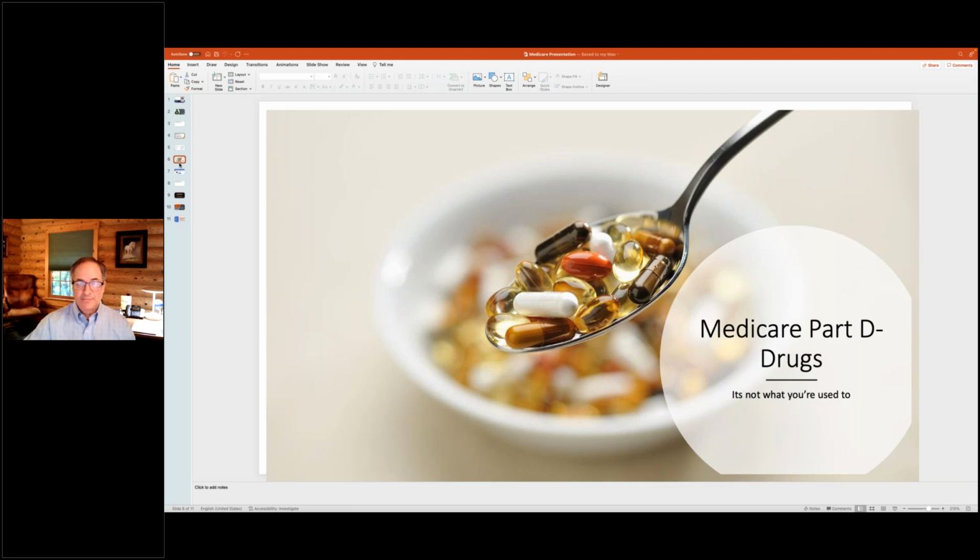So that's stage 1. Stage 2 is where you'll stay in that stage until the amount of your year-to-date total drug cost reaches $4,430. What does that mean?